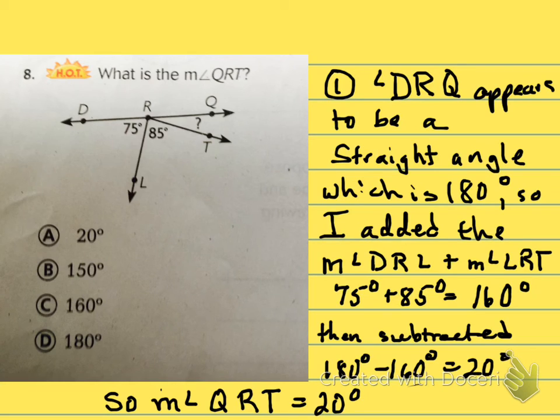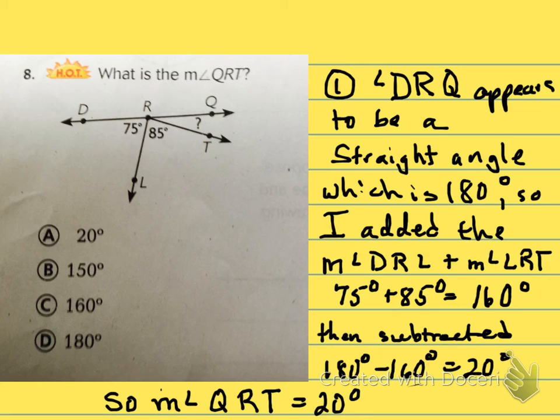All right, boys and girls, so here's what I thought. The angle DRQ appears to be a straight angle, which I know is 180 degrees. So I added the measurement of angle DRL plus the measurement of angle LRT, which is 75 degrees plus 85 degrees, which equals 160 degrees.